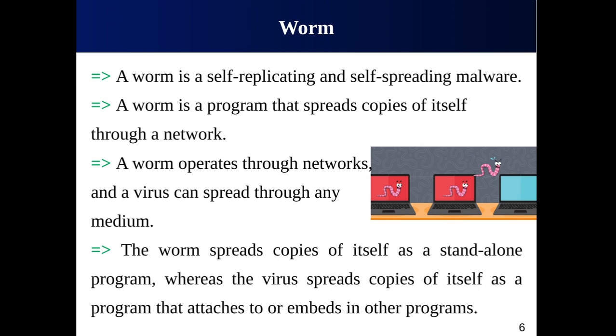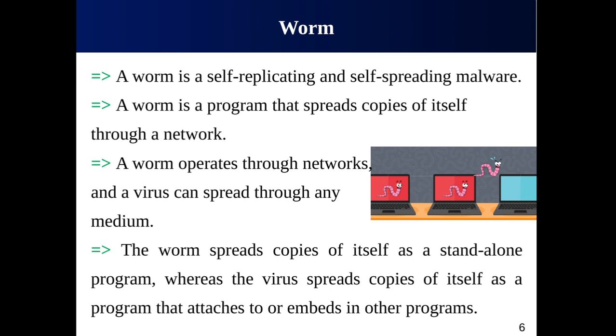So there is a major difference between a worm and a computer virus. Worms and viruses can both self-replicate and distribute themselves. However, the virus will require an additional program for its spread, while the worm can spread independently. Or you can say the virus can rely on human activities to spread.